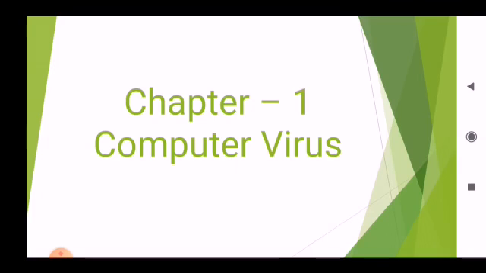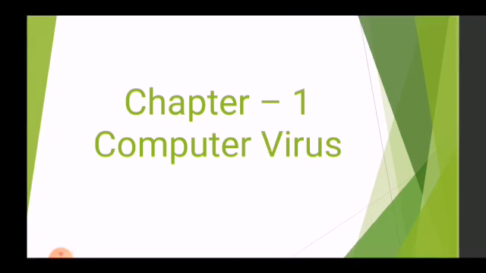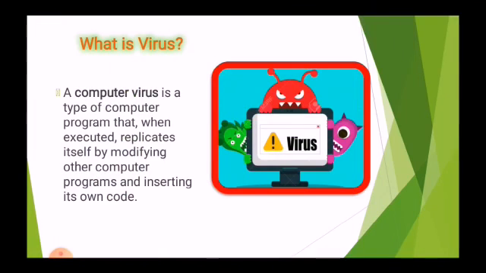So let's start with the full form of virus. Virus stands for Vital Information Resources Under Siege. Viruses are programs which are created deliberately to damage critical information and data.